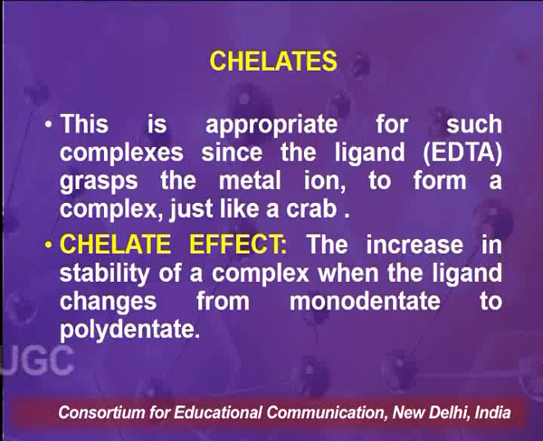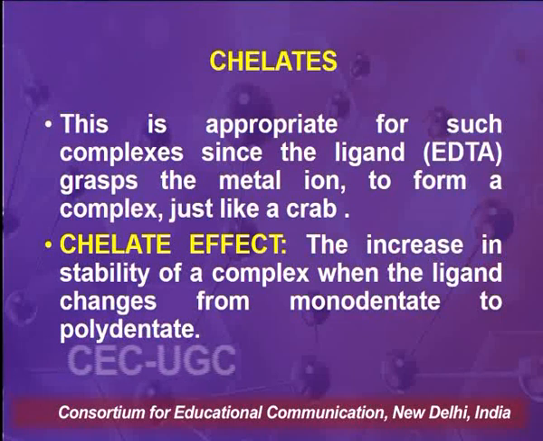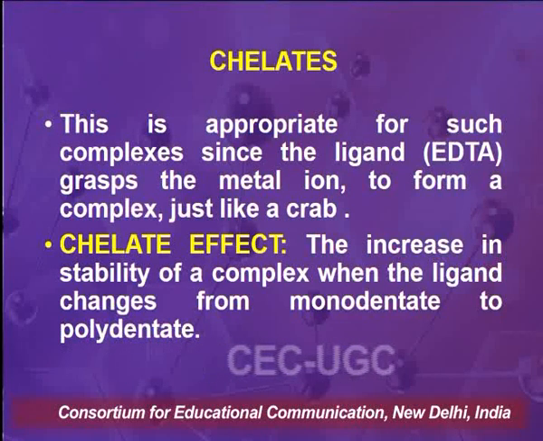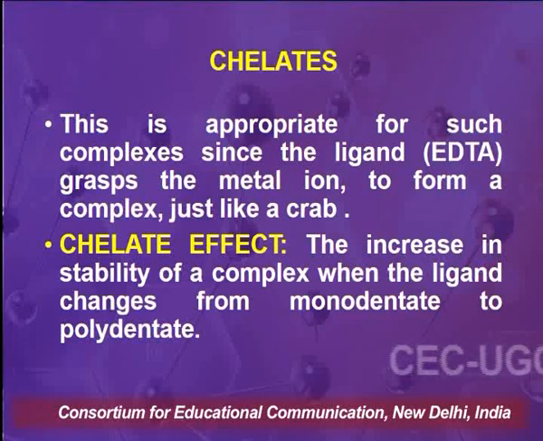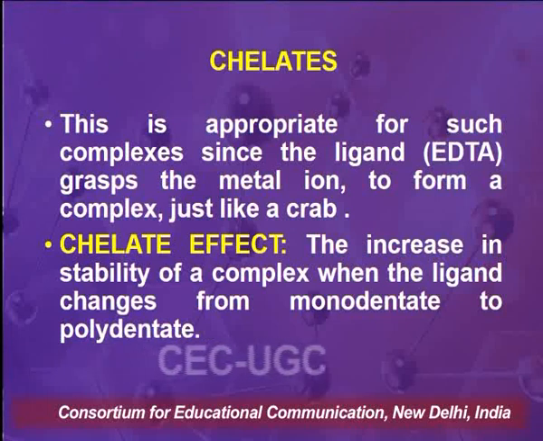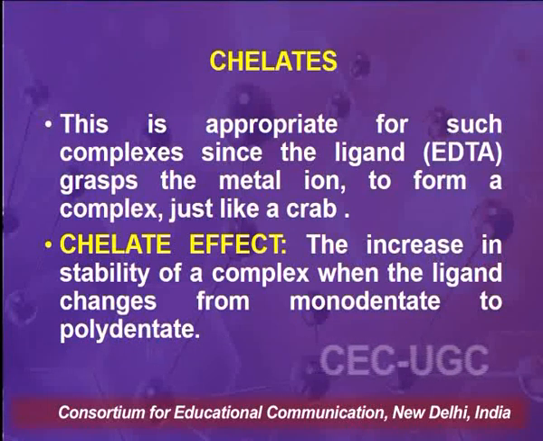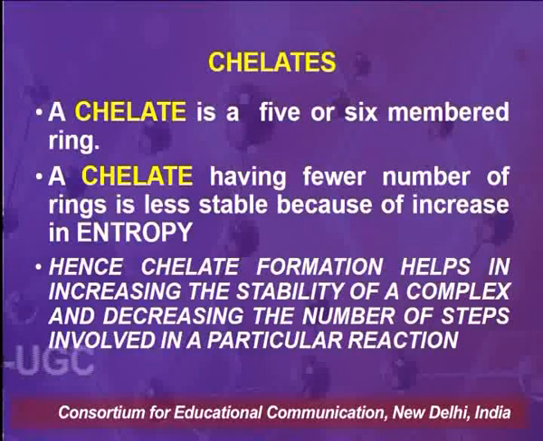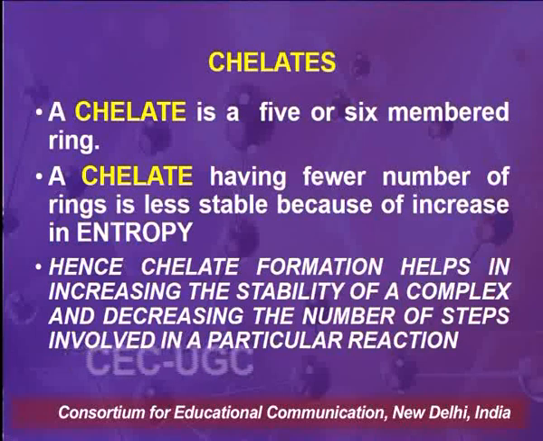Discussing the chelate effect, the increase in the stability of a complex when the ligand changes from monodentate to polydentate form is called the chelate effect of the ligand. This increases the stability of the whole complex. A chelate is a 5 or a 6 membered ring.